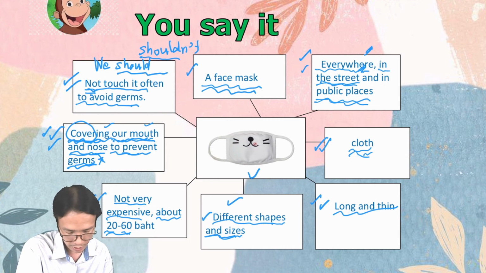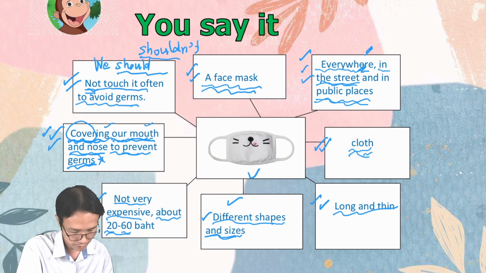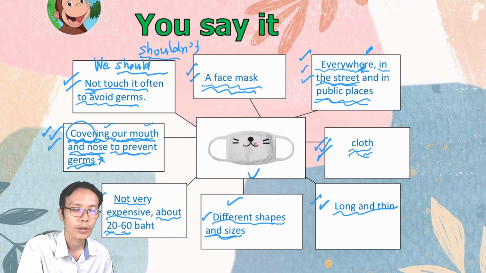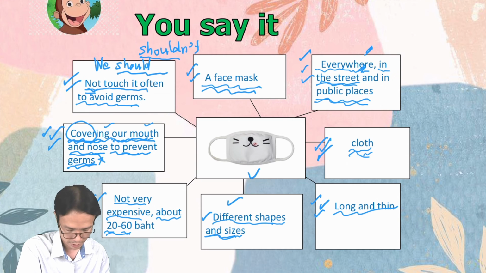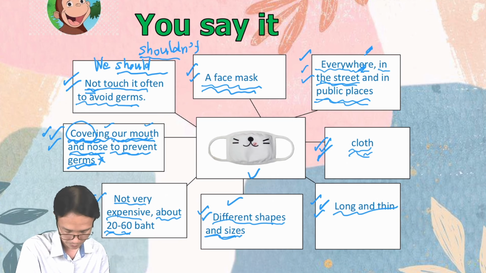Start. It's a face mask. We can see it everywhere in the streets and in public places. It's made of cloth. It's long and thin. It can come in different shapes and sizes.